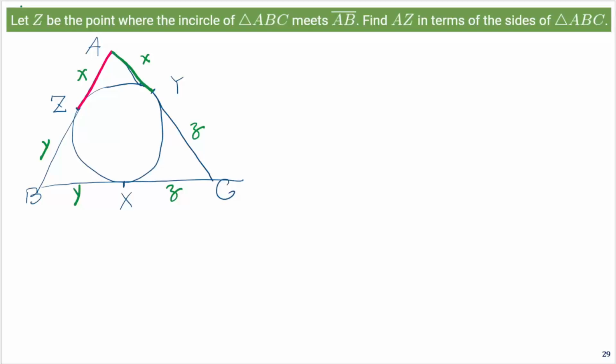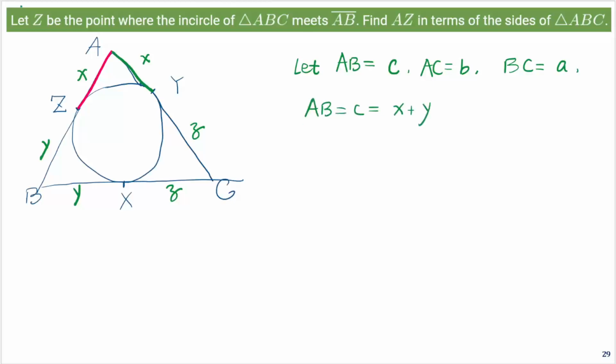Then actually we want to relate X to the size of the triangle. So we write the size of the triangle in terms of X, Y, and Z. We let the size of the triangle be AB equals C, AC equals B, and let BC equals A. Then we have AB equals C equals X plus Y, right?